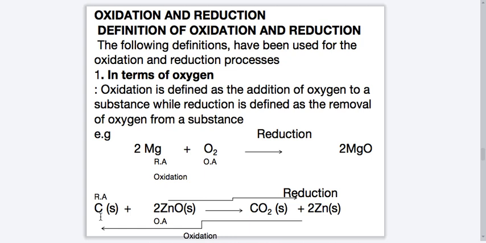Again, carbon becomes oxidized by gaining oxygen, while ZnO is reduced by losing oxygen. So carbon here is the reducing agent, ZnO is the oxidizing agent. Carbon gains oxygen to become CO2, that's oxidized, while ZnO loses oxygen, that's what is reduced.